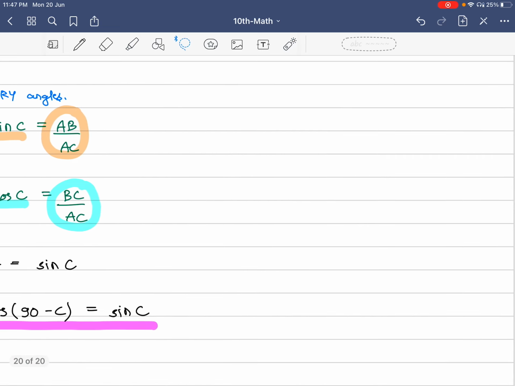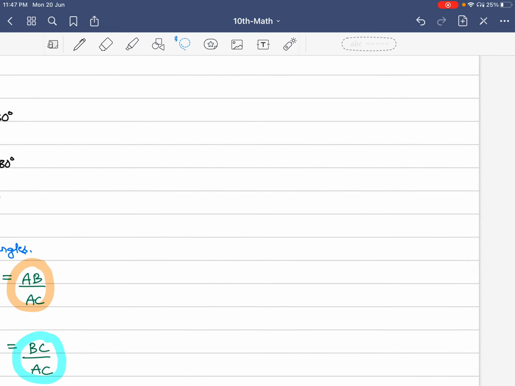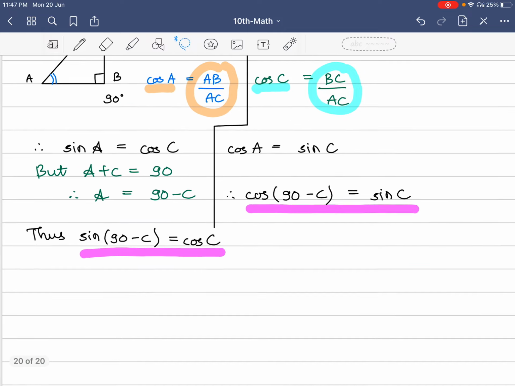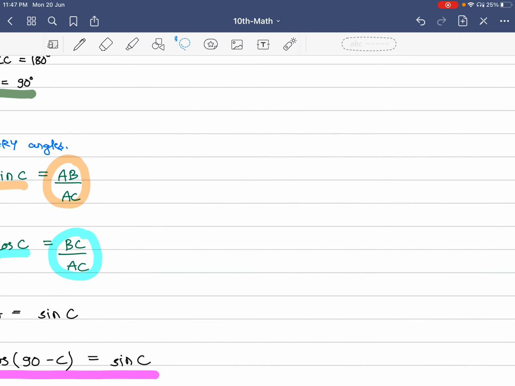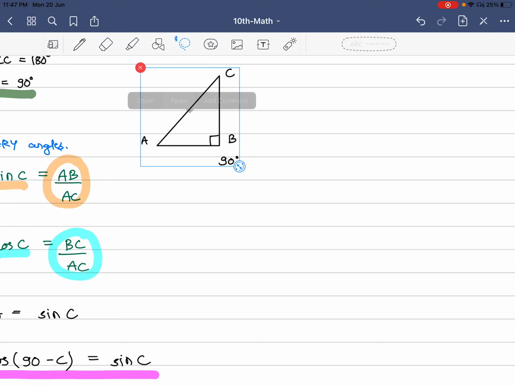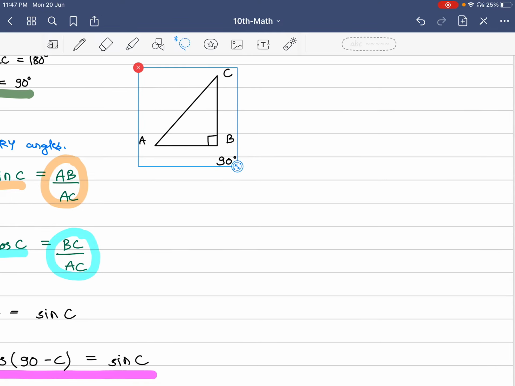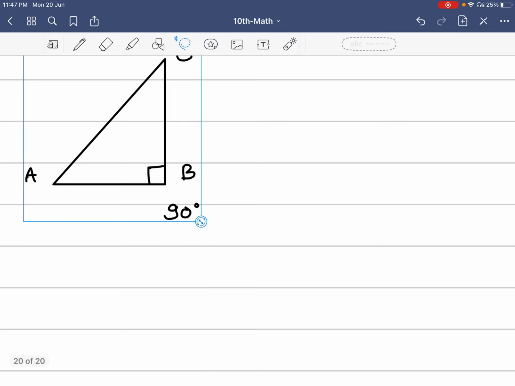So let's come to this side. So this was my triangle. Let's zoom in.